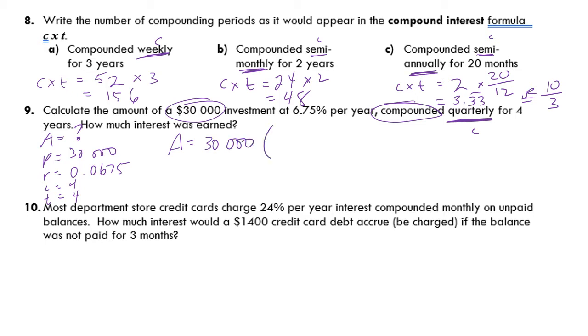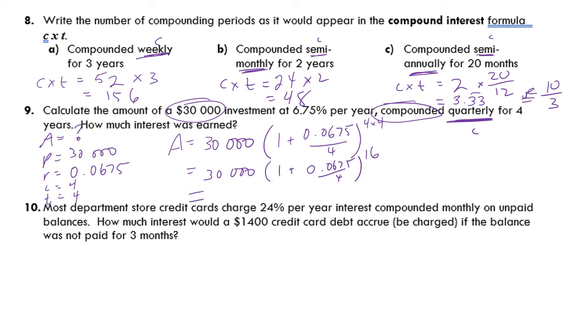So P, which is 30,000, open bracket, 1 plus R over C. So just subbing in those numbers. And then to the CT, which would be 4 times 4. Do your exponent first. 4 times 4, 16.